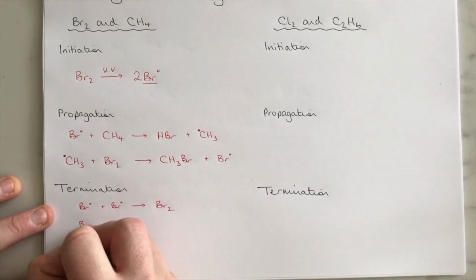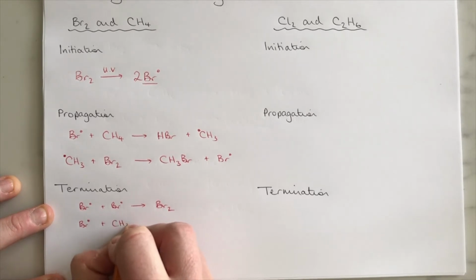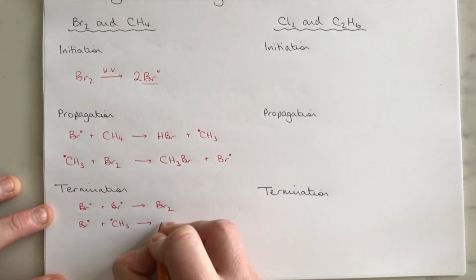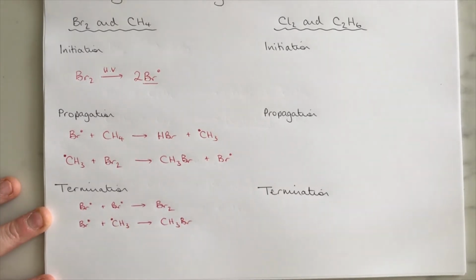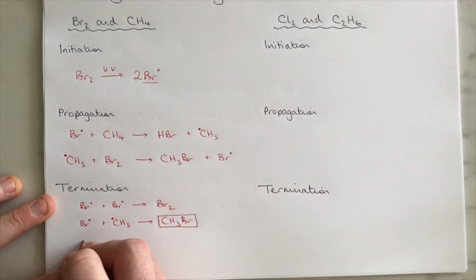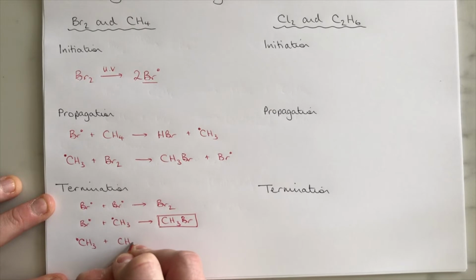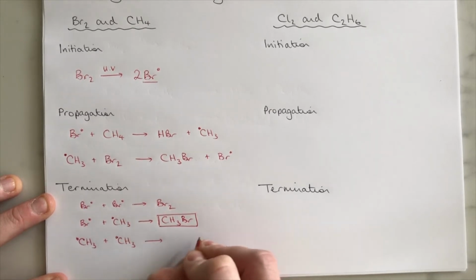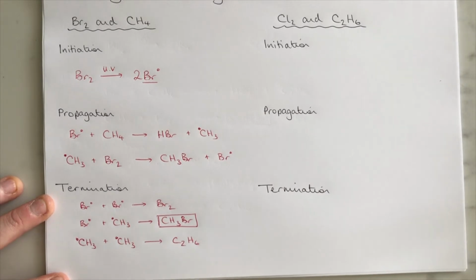We could have a bromine radical reacting with a methyl radical, and that will form CH3Br. So that's the one we do want to occur. Or we could have a CH3 radical reacting with another CH3 radical, and this time it will make the byproduct C2H6, again an unwanted byproduct.